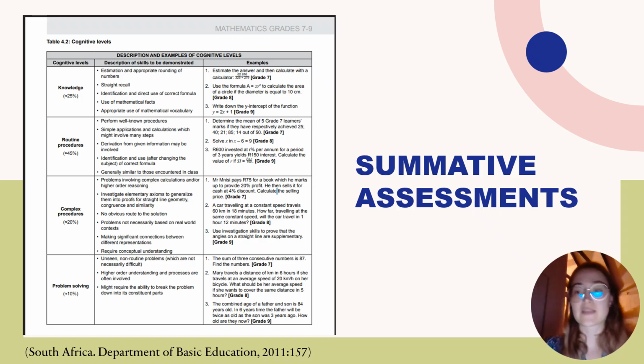Then, there's 20% of the questions that involve complex procedures. So these are more complex questions that may have more steps or a higher order of reasoning. And 10% of the questions are problem-solving questions. These can also be called unseen questions.